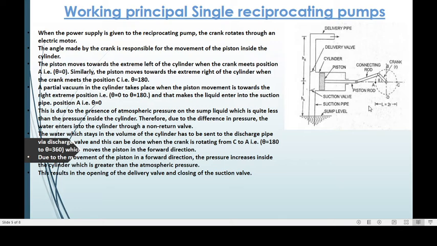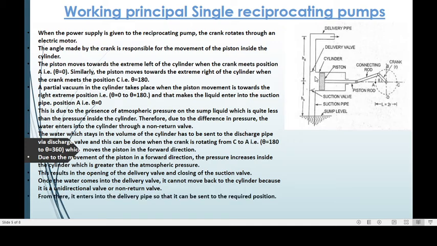This results in the closing of your suction valve and the opening of your delivery valve. Once the water comes into the delivery valve, it cannot move backward into the cylinder because this is also a unidirectional valve. So it enters the delivery pipe, and water is delivered to the desired location.